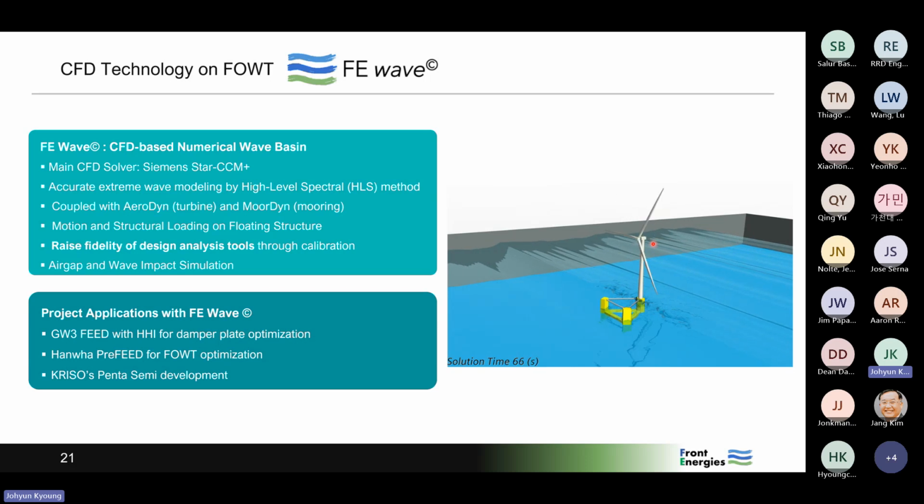Usually this wave basin code is applied for hydrodynamic coefficient tuning, like the Morrison member and the motion response RAO, by tuning the drag coefficient, and it was compared with the model test data.